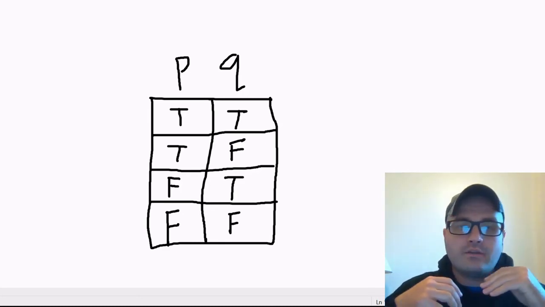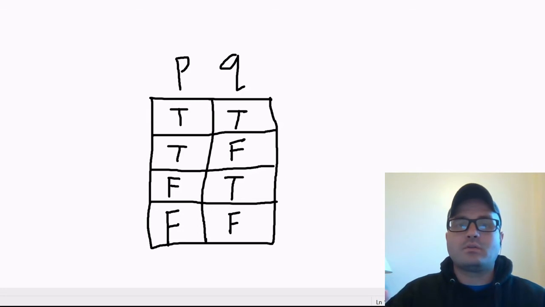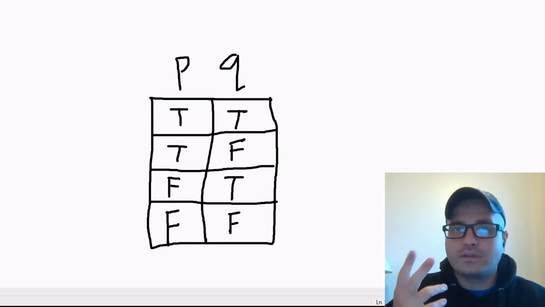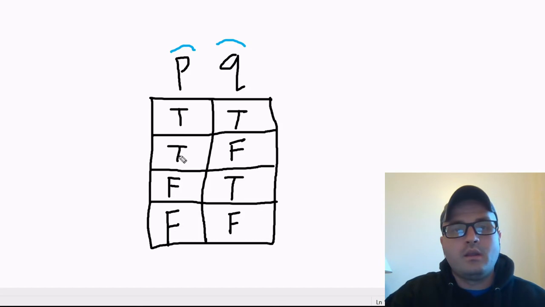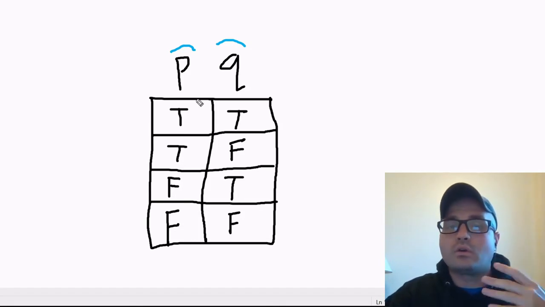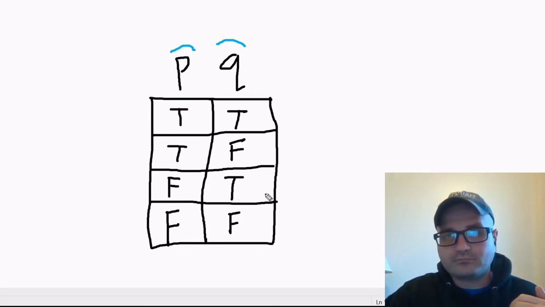So here I've generated just a typical two variable truth table. And what I mean by two variable is here we have the Q variable and the P variable. And then we have a two column, four row table to indicate all the true false combinations.